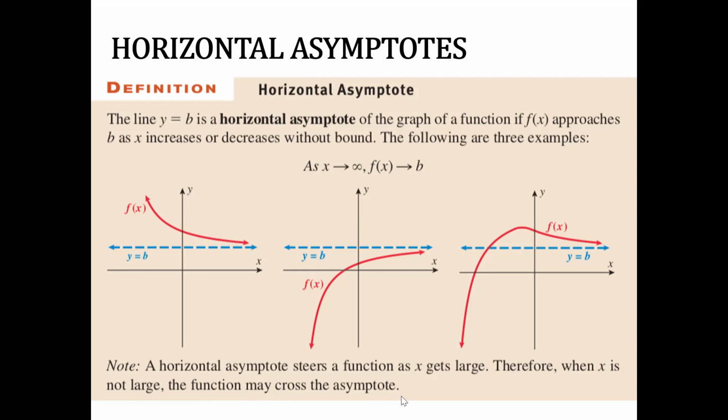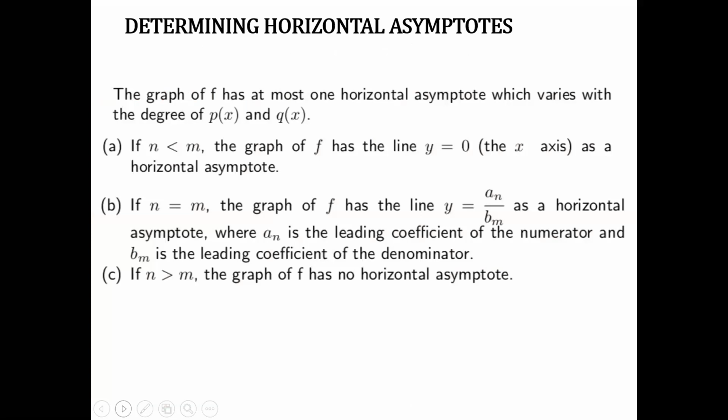So a vertical asymptote cannot be intersected by the line of your graph, but a horizontal asymptote may be intersected by the line of your graph. So how do we determine the horizontal asymptotes?